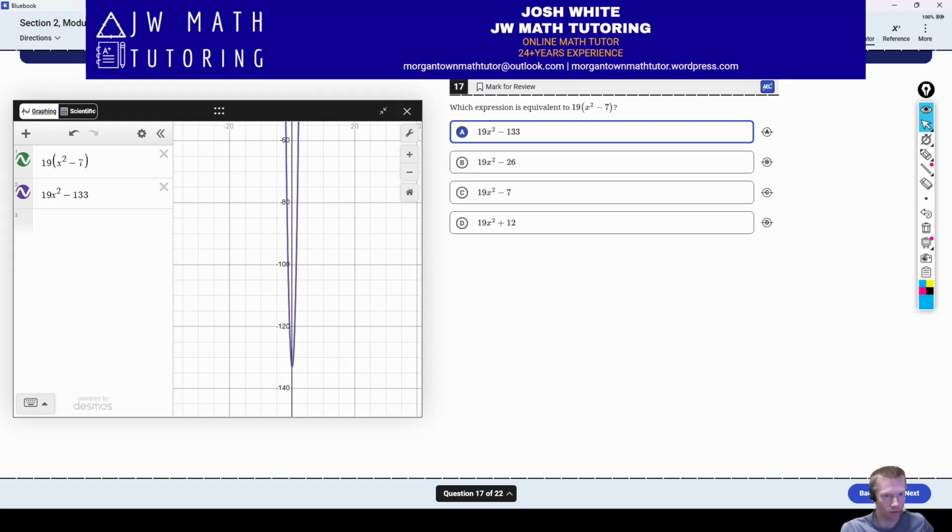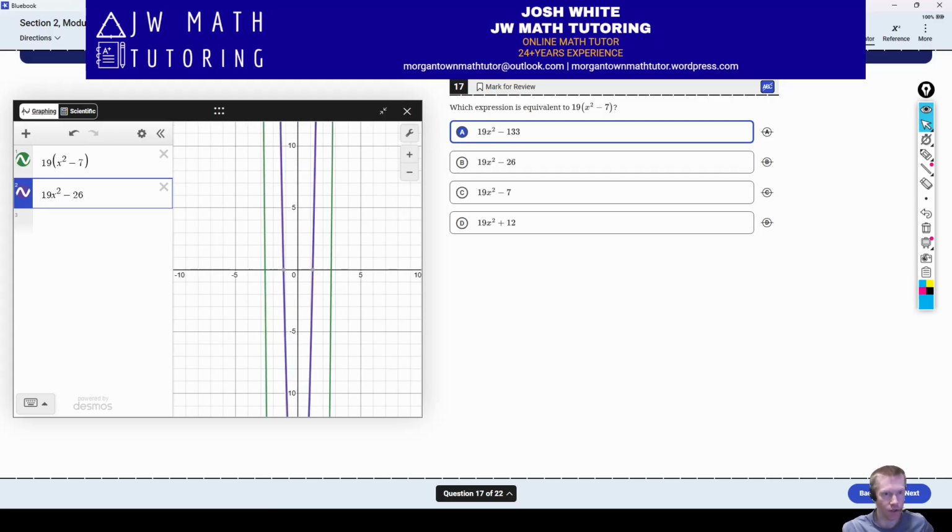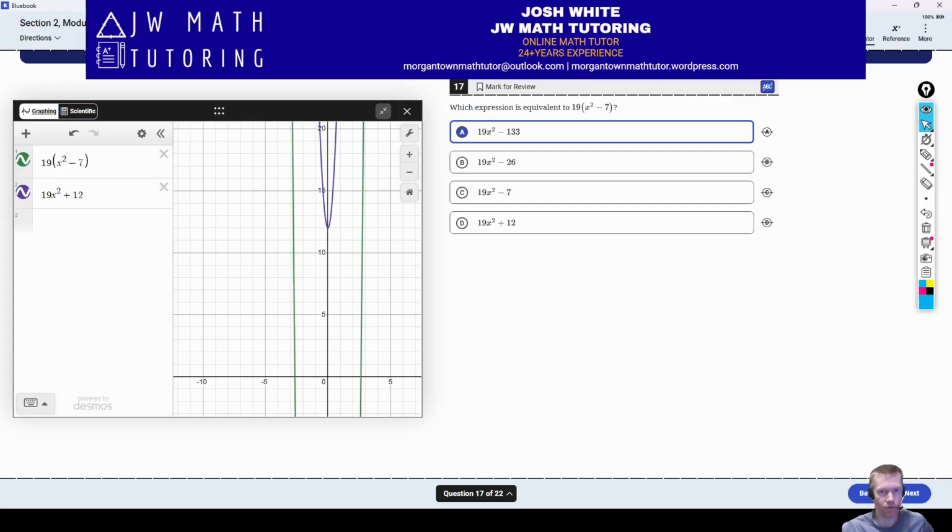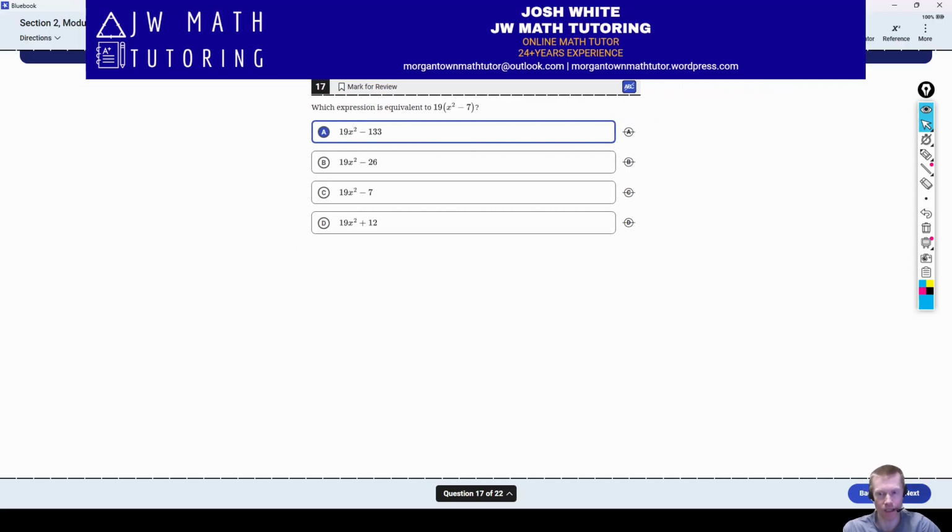Notice for text way down here, negative 133. Okay, so notice this one overlaps it completely, so that just basically confirms it's the correct answer. And if you look at all the others, you will see they do not overlap the original completely. And we can do the last one there. See, it's even way up here. So this just confirms the correct answer is going to be letter A.